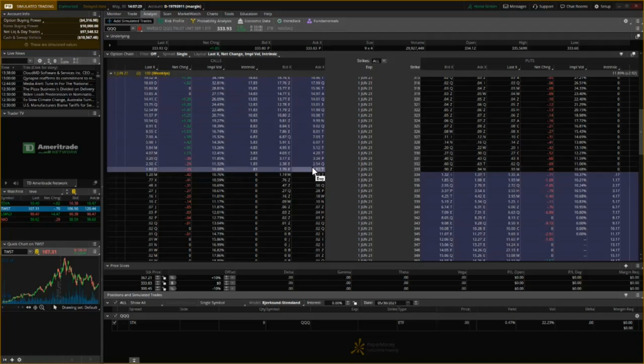So let's see. We need to first sell the 332 call option. You can see that there is a difference, and the prices are ranging between 2.4 and 2.5. You see the last one was at 2.50, but this is crucial here.